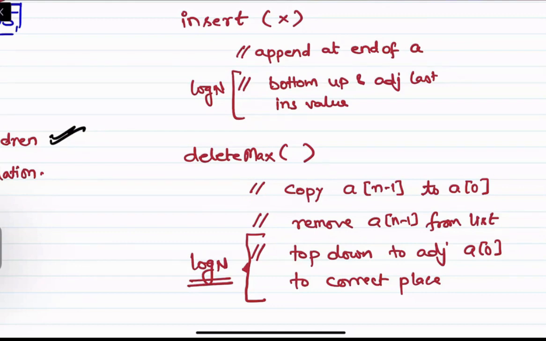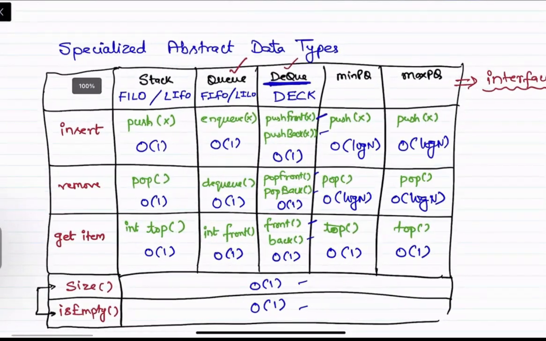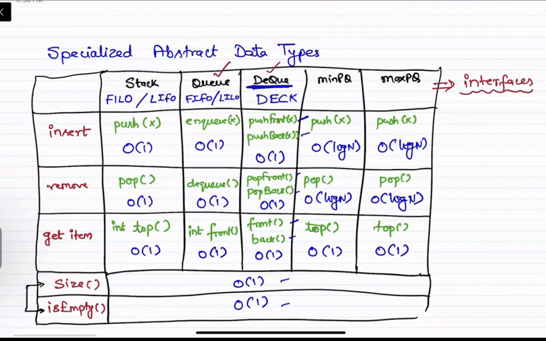Where did we talk about these three functions: get max, insert, and delete max? Did we talk about these functions earlier? In this table, what data structure did we say provides these functions? No, stack never provided us delete max.